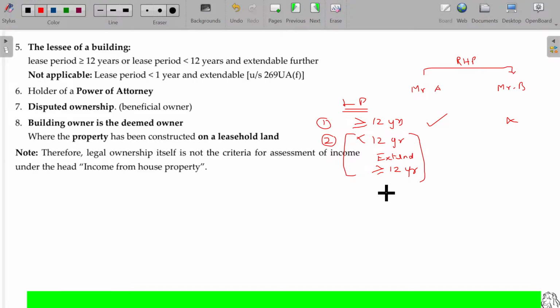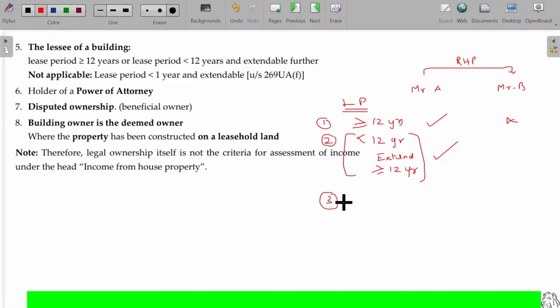First initial lease period 5 years. Renewal will be done for another 5 years. So 5 plus 5 plus 5, 15. So overall, including the renewal period, it exceeds 12 years. So automatically, Mr. A will be the deemed owner.